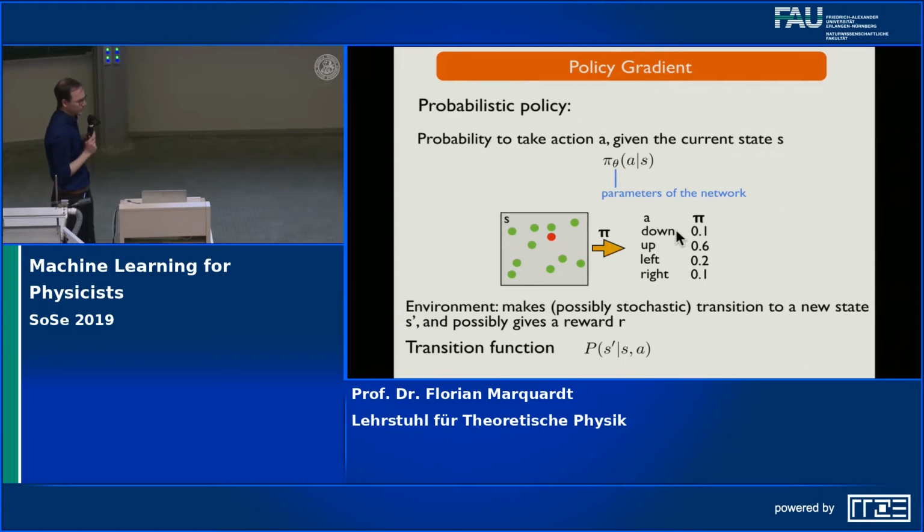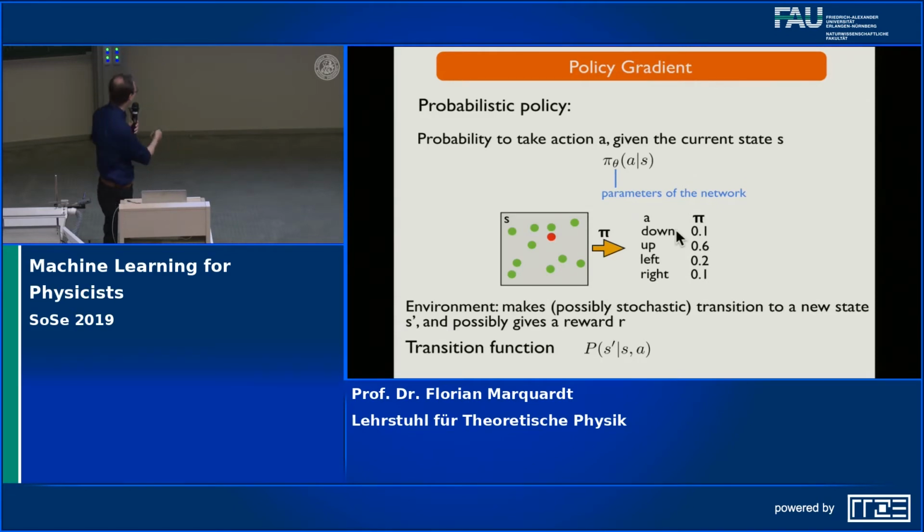And so the way we like to model this is to say that also the environment on its own is a stochastic process. So given a certain state of the environment, you can describe what's the probability for the environment to go into a different state. And maybe it does not only depend on the current state, but also on the action you took. But given the current state and the action you take, you should be able to tell me what's the probability for the environment to go into a different state.